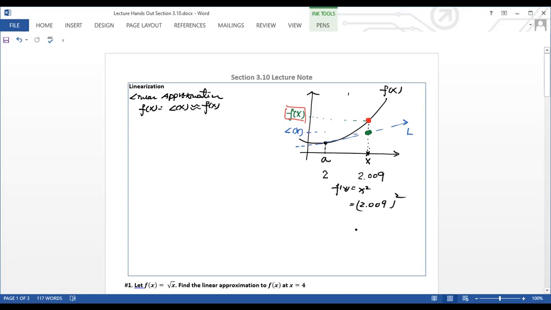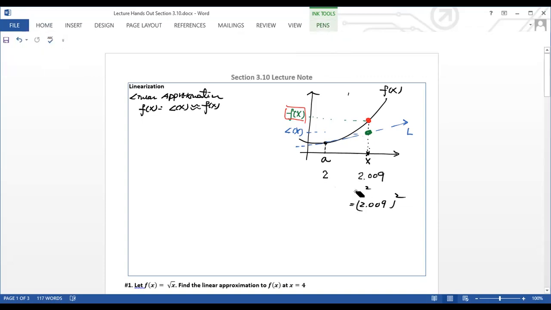Without a calculator, this may be difficult to do by hand. But if you can find a linear line, whose equation is pretty easy, then your calculation will probably be a lot easier.